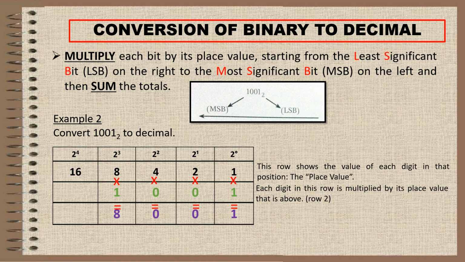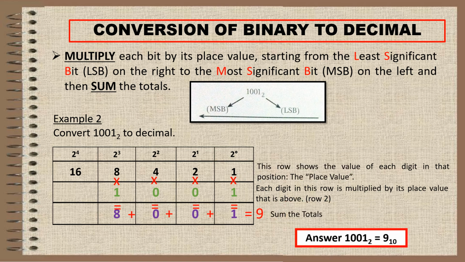Then the rule says that we must add it or sum the total. So 8 plus 0 plus 0 plus 1 is equal to 9. So the answer of our example is that the binary number 1001 base 2 is equal to 9 in base 10.